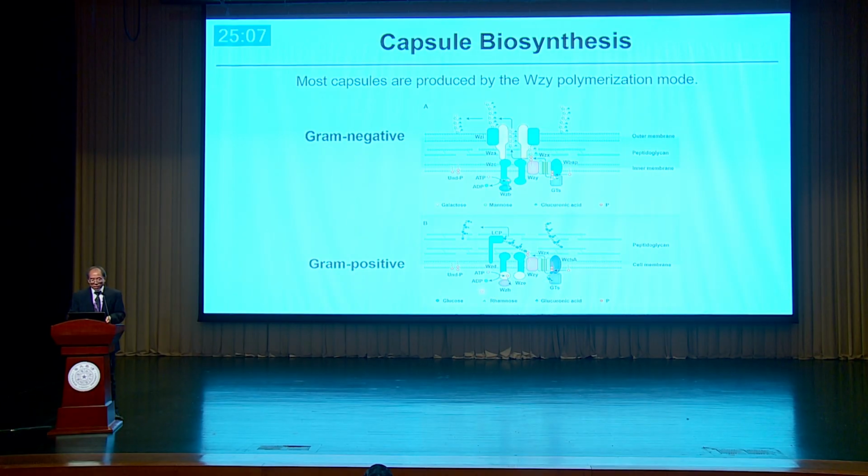Polysaccharide synthesis is initiated inside the cell, and once there is a repeat unit, it flips over and is elongated to a point where it anchors to the cell wall. For gram-negative bacteria, it's more difficult because it has to go through two layers of membrane. But the basic features of the capsule biosynthesis machinery in gram-positive and gram-negative bacteria are highly similar.